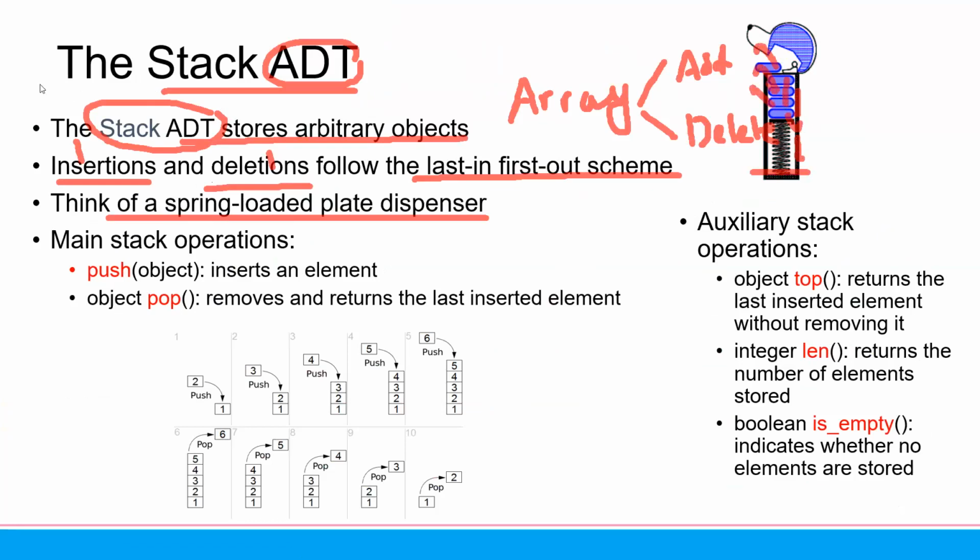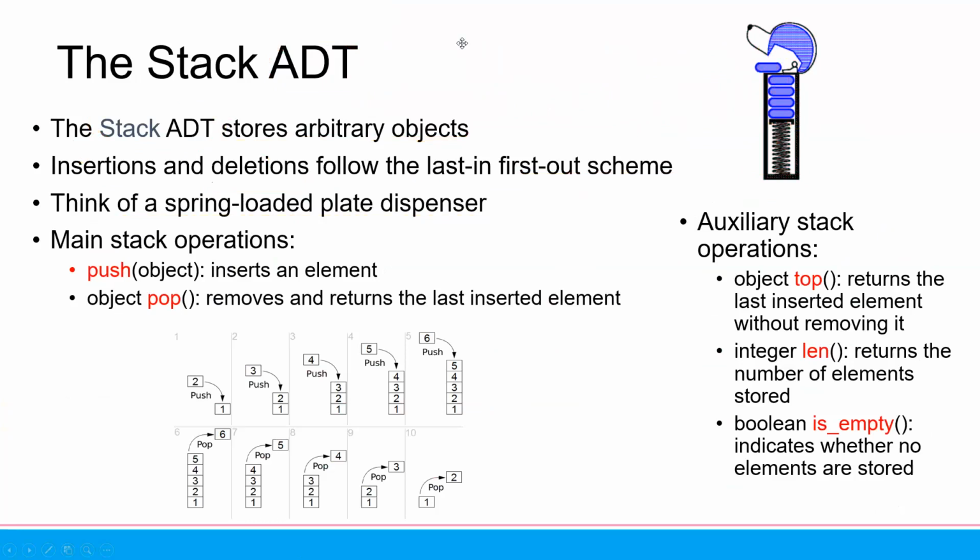So the main operations, we have push and pop. The push means whenever we have a kind of bucket, we can push the object. Let's say I'm going to save item number 1.